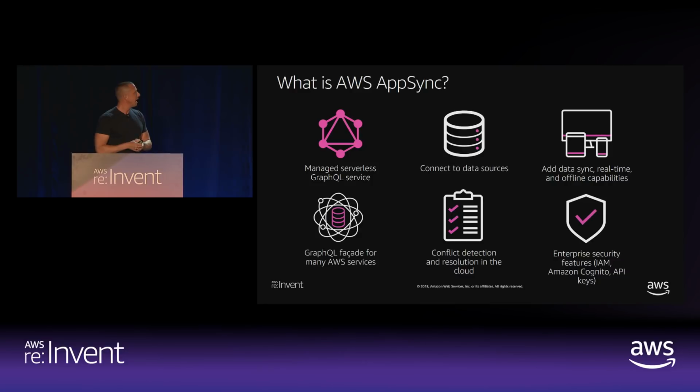And then we also have first-class enterprise security features built in. So if you want to have all of your authentication already configured for you, you can add Cognito or OpenID Connect as your identity provider, and everything is already baked in for you.